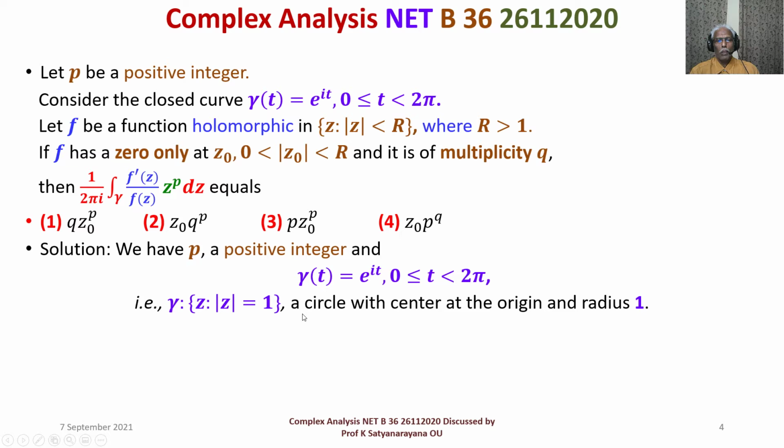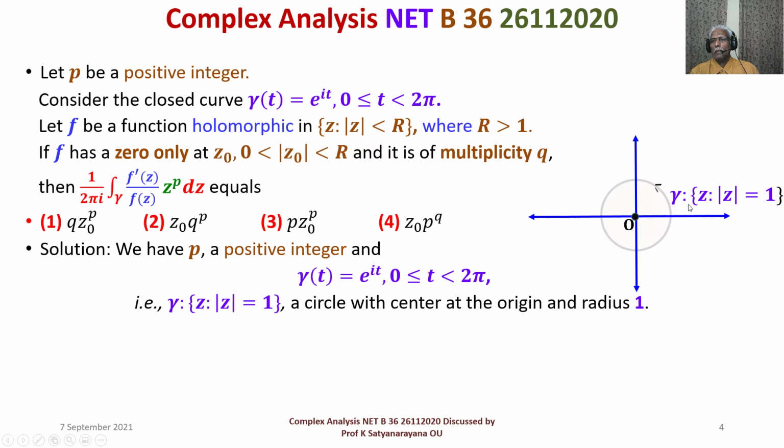It is a circle with the center at the origin and radius 1. This is the Argand diagram, and this is the origin. Gamma is the set of all z with |z| = 1, a circle with center at the origin and radius 1.